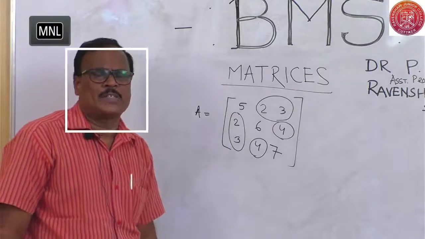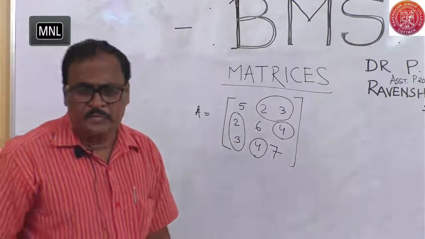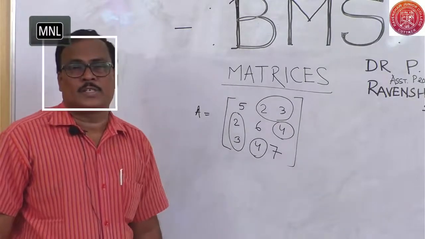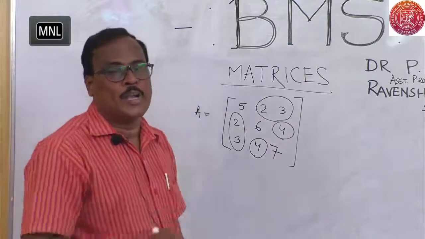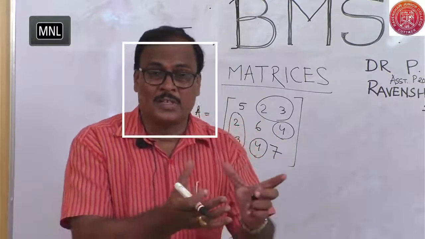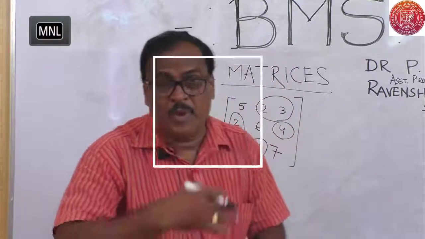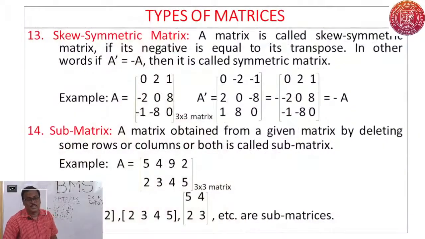Another type of matrix, on the next slide, is the skew symmetric matrix. What is a skew symmetric matrix? It is also a type of symmetric matrix, but in this case the negative of the original matrix A is equal to its transpose.